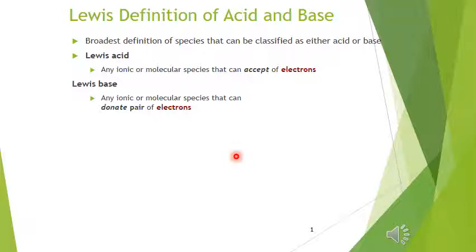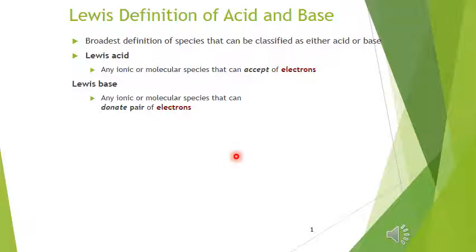So what Lewis came up with is a broad definition of acids and bases. His idea is that anything that can accept electrons is an acid, and anything that donates electrons is a base. Well, just think about that.